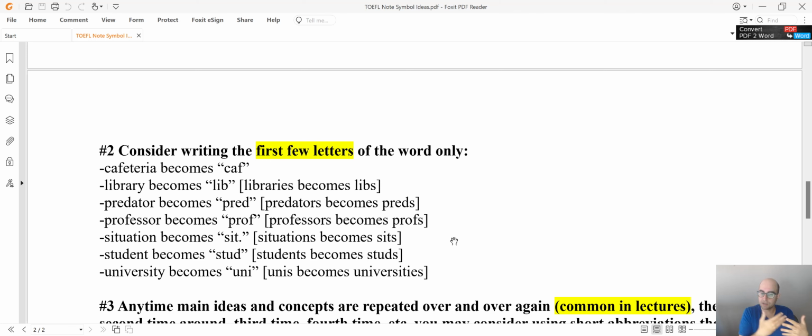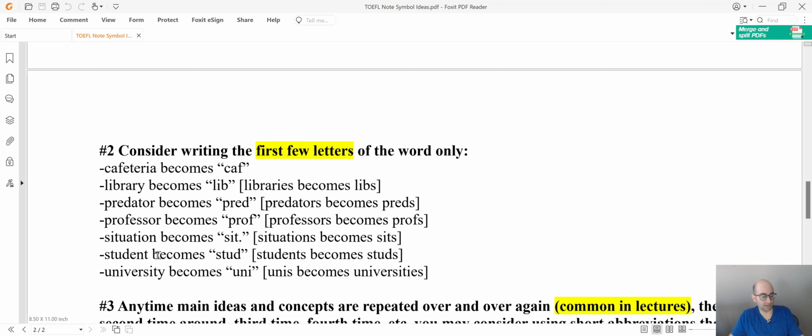Because if you're reading off your notes and you intended to say situation, but you accidentally said sit instead, or instead of situations, you said sits instead, now you messed up your speaking performance. So just be really cautious, guys. Do practice these before you use them, before you apply these symbols on the exam.